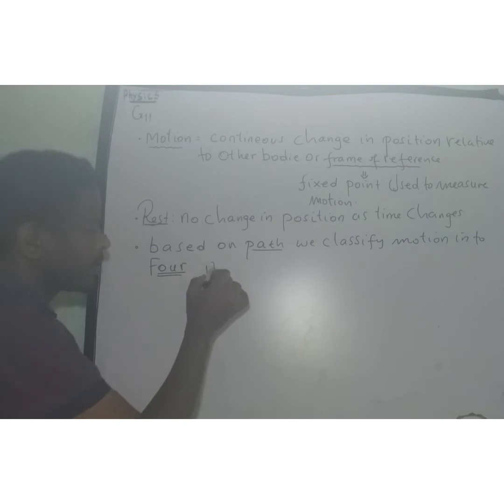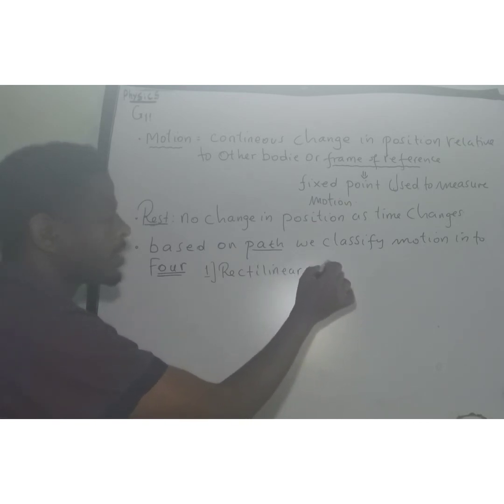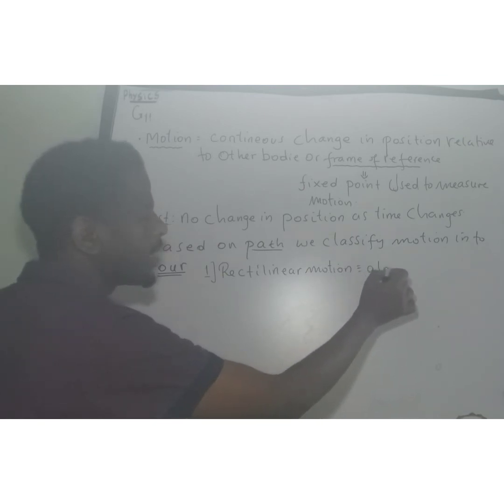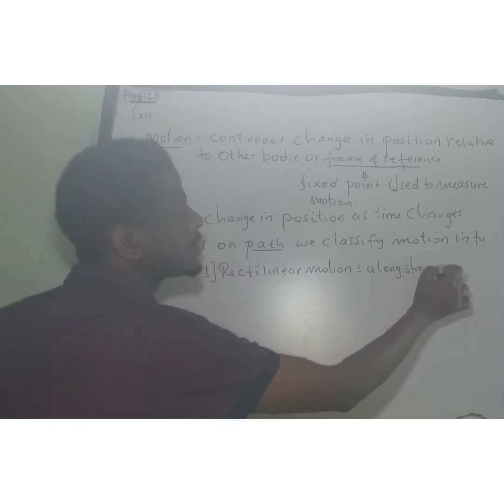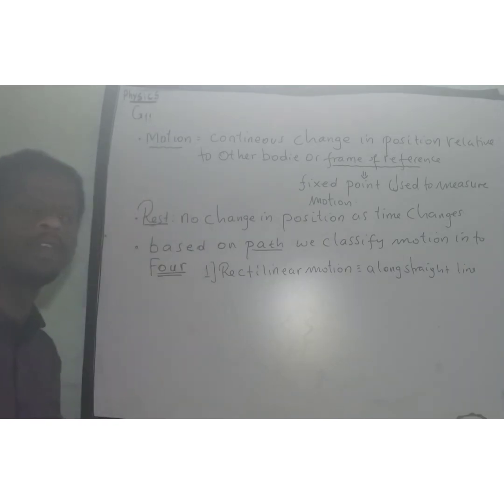The first one is rectilinear motion. It is a motion of a body along a straight line. For example, a car moving along a straight line. Also, a falling body from a certain height is an example of rectilinear motion.